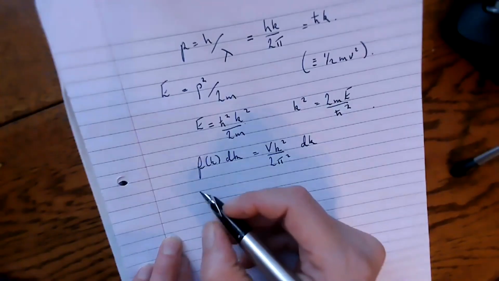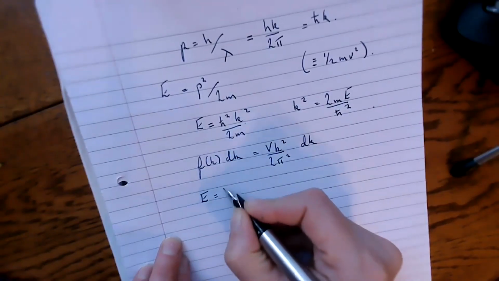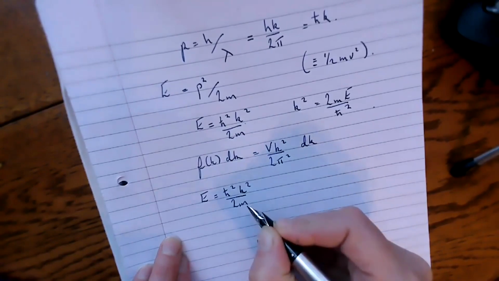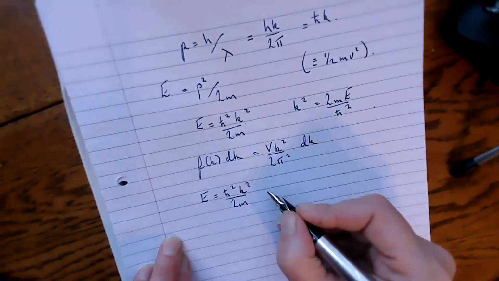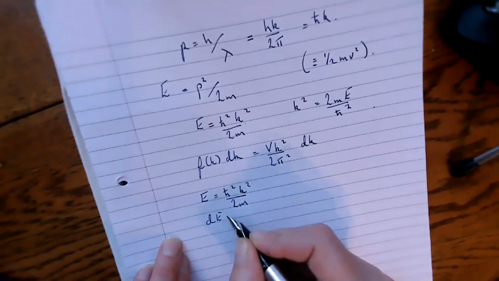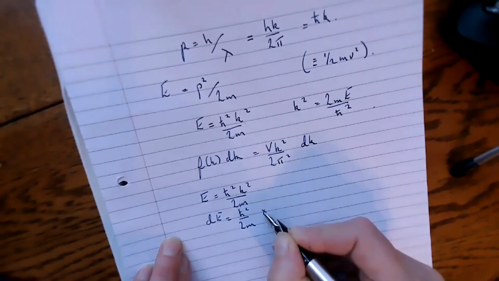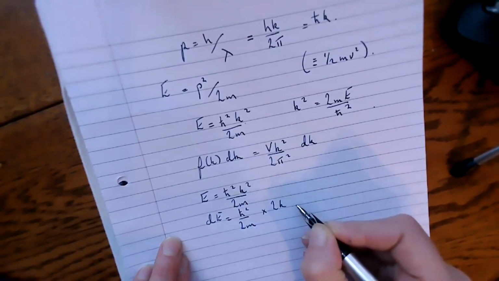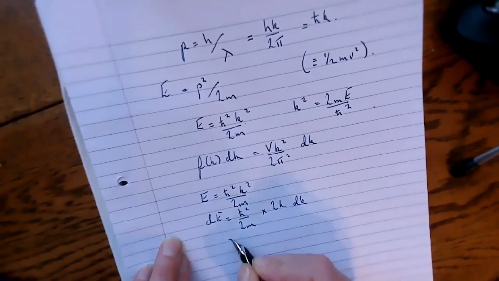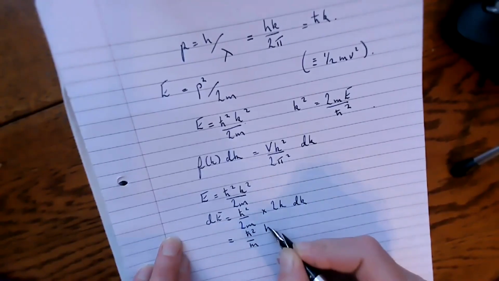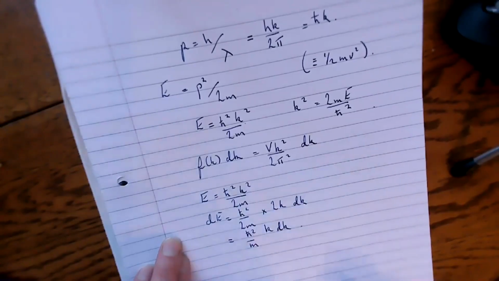So E is h bar squared k squared over 2m. And so we have dE is equal to h bar squared over 2m times 2k dk, which is h bar squared over m k dk.